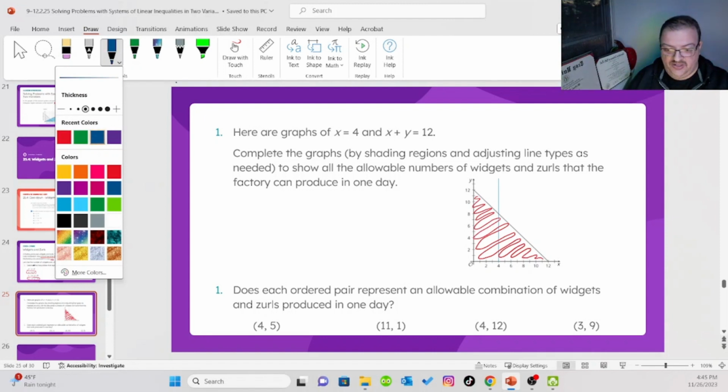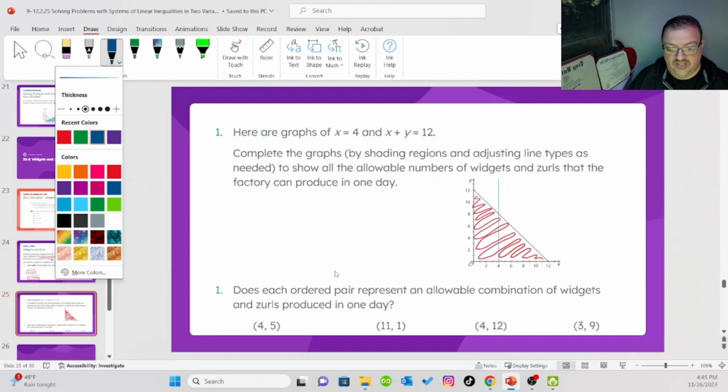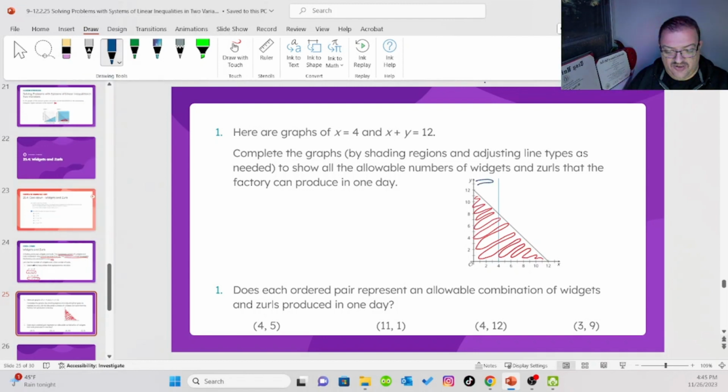Our next one was x is less than or equal to 4. Because it's or equal, we're going to keep the solid blue line. And because we want less than, we're going to shade everything to the left of the solid blue line. So everything in the shaded blue region makes it true because it's less than 4. Everything on the solid blue line makes it true because it's equal to 4.